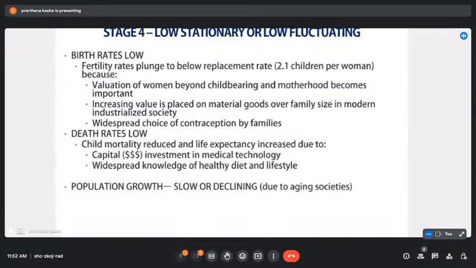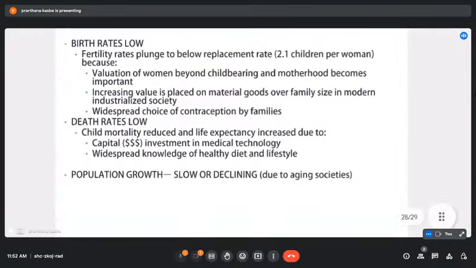And what are the causes of the low death rate? Child mortality is reduced. Life expectancy is increased due to capital investment in medical technology, widespread knowledge, and a healthy diet and lifestyle.